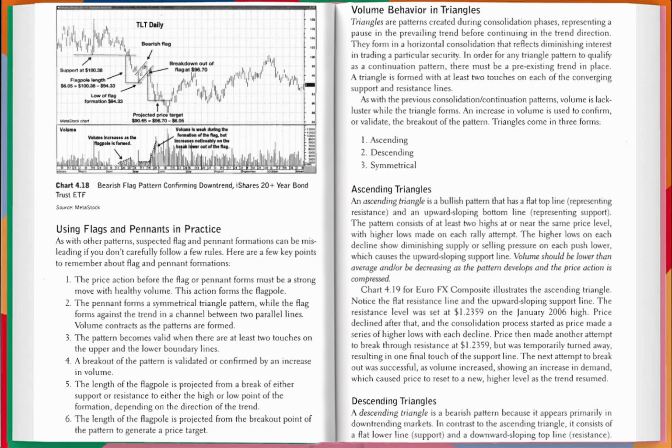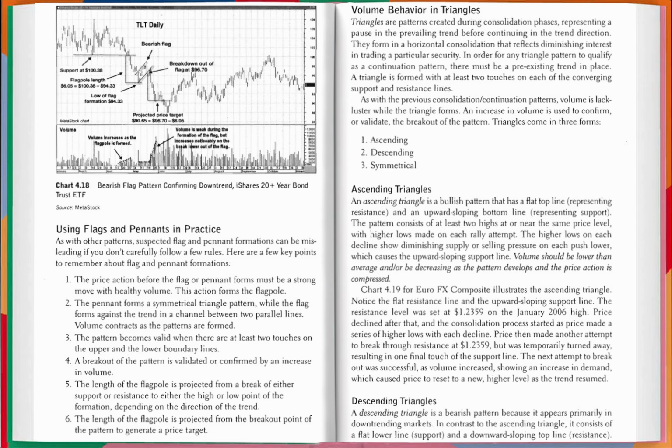In order for any triangle pattern to qualify as a continuation pattern, there must be a pre-existing trend in place. A triangle is formed with at least 2 touches on each of the converging support and resistance lines. As with the previous consolidation continuation patterns, volume is lackluster while the triangle forms. An increase in volume is used to confirm or validate the breakout of the pattern.